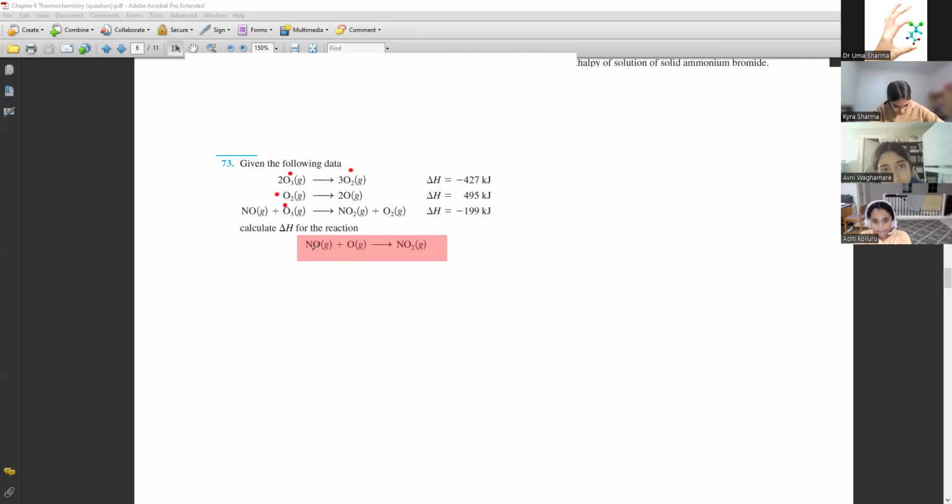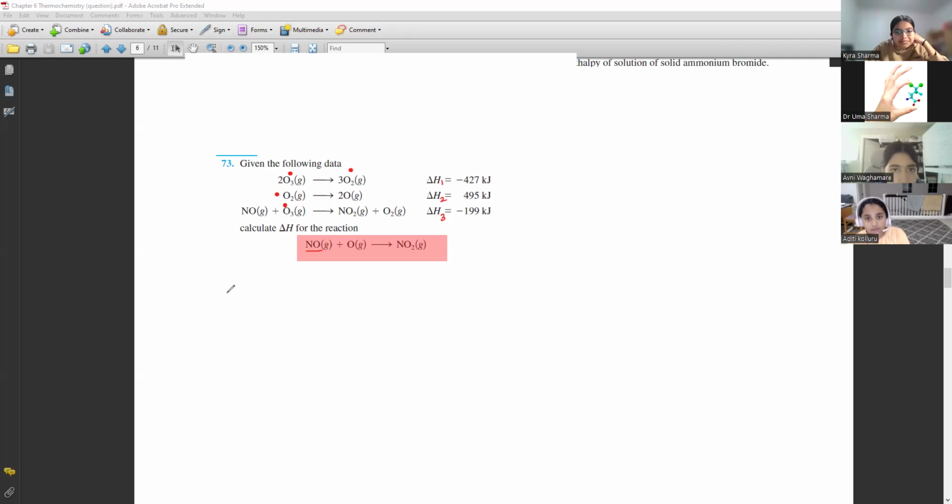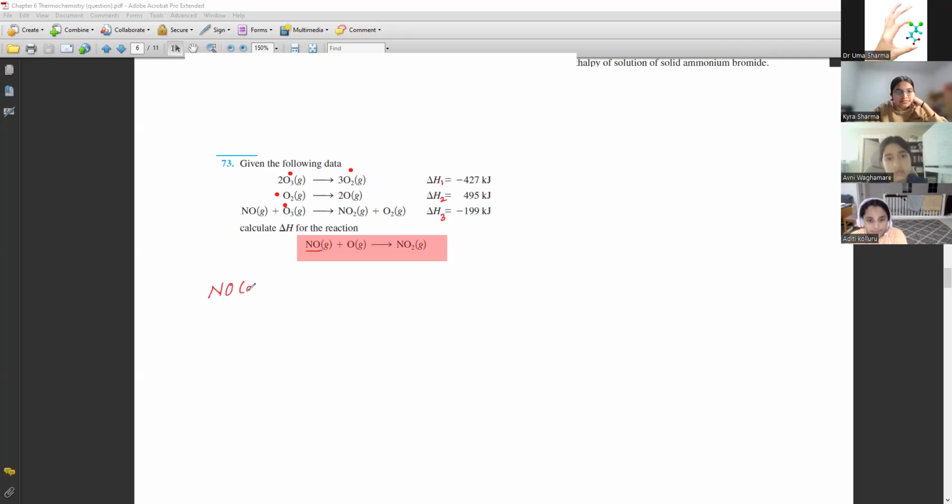How to get NO? This is equation 1, 2, 3. Which equation is giving you NO? The third one. Take the third one as such. And then which equation can give you O?